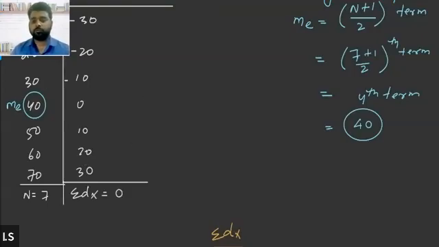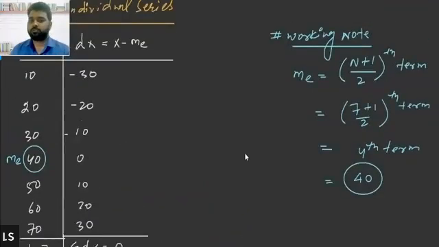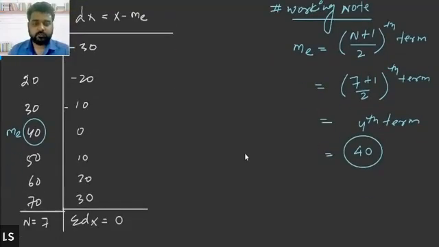It will be 0. So mean deviation will be 0 in that case, no? I don't think it can happen. Mean deviation cannot be 0.